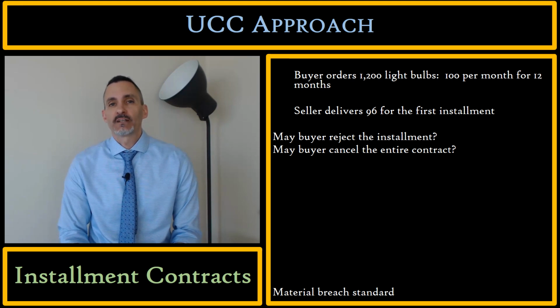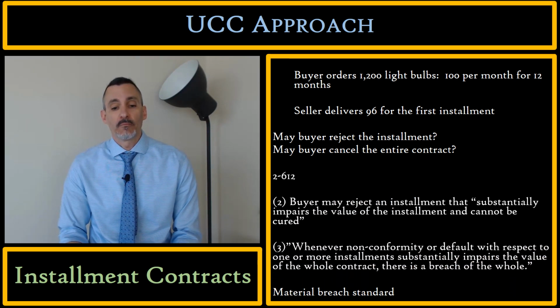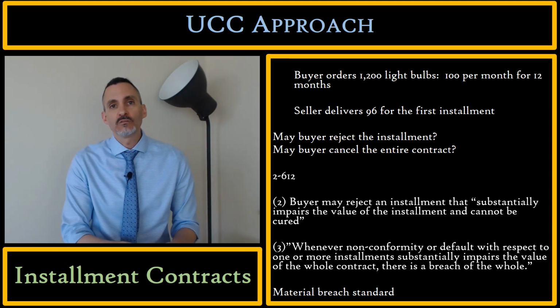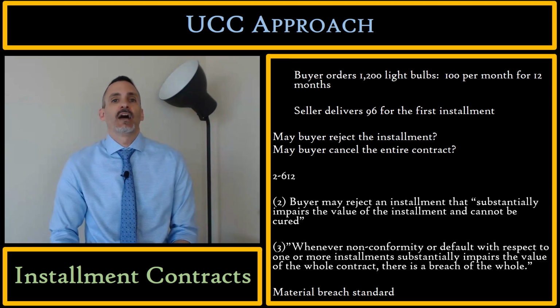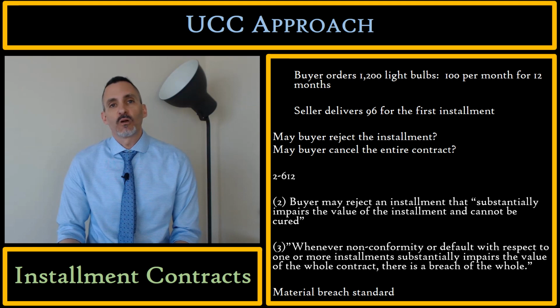Now, is this perfect tender? No. May buyer reject the installment? Well, the answer is no. Buyer may not reject the installment. The rule is that buyer may reject an installment only if the nonconformity substantially impairs the value to her. Here, it looks like she's only missing 4 light bulbs.